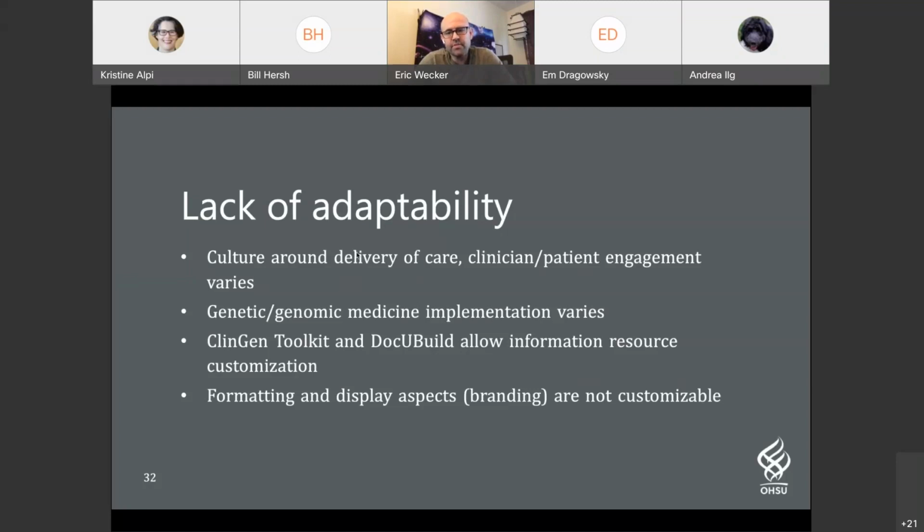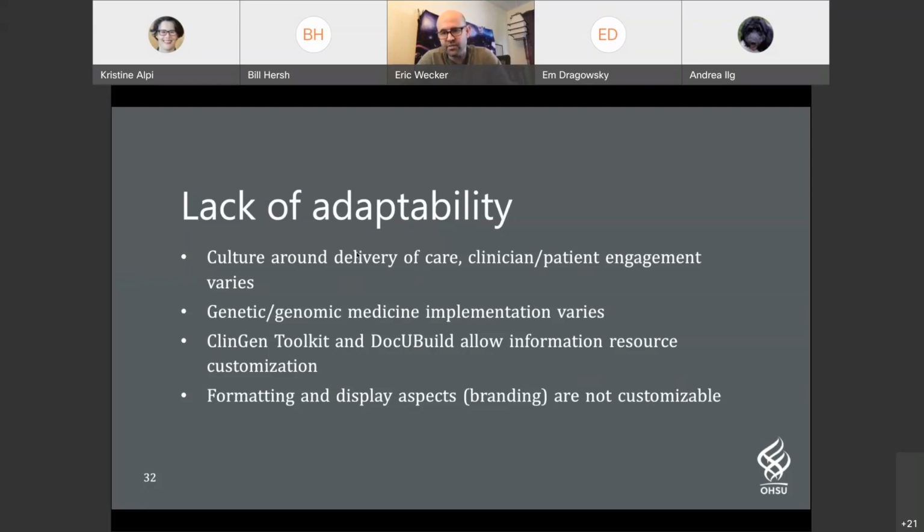So there is some adaptability. The ClinGen Toolkit and DocuBuild allow you to basically choose which information resources you're going to pull your results from. However, something that hasn't really been taken into account by any of these projects is the way that the results are formatted and displayed.